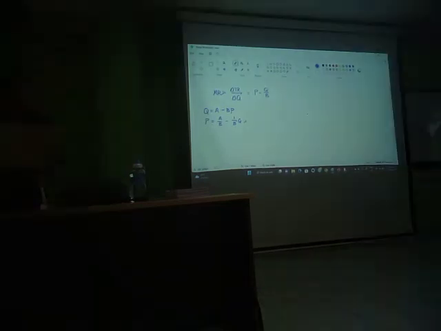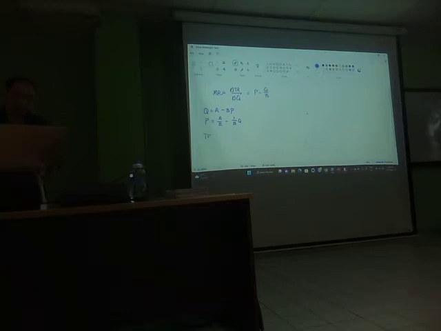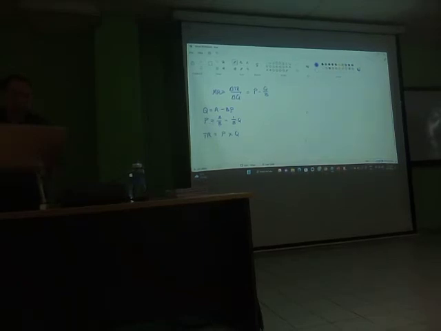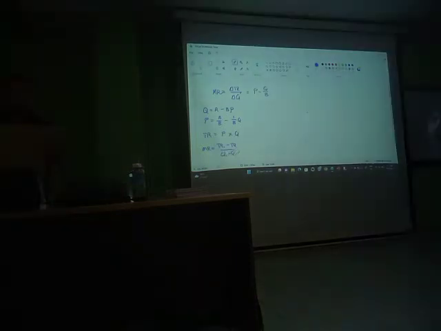Because I want to get the total revenue. What is the formula for total revenue? Price times quantity. This is our formula, okay? And we have P right here. But one thing we want to understand is marginal revenue is equal to the new total revenue minus the old total revenue, divided by new quantity minus old quantity.